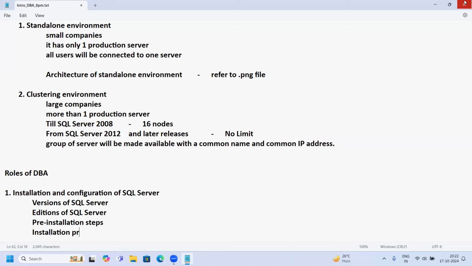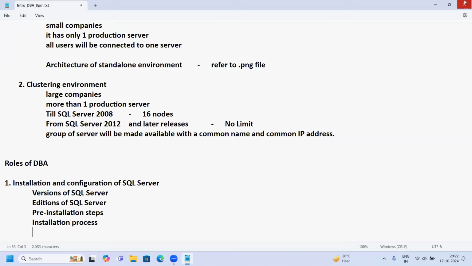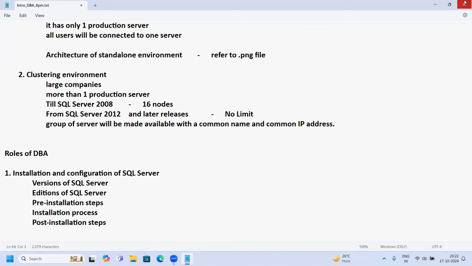Once you do all the pre-installation stuff, then you can plan the installation process. Then you can go with post-installation steps. After that, we can plan for server level configuration.